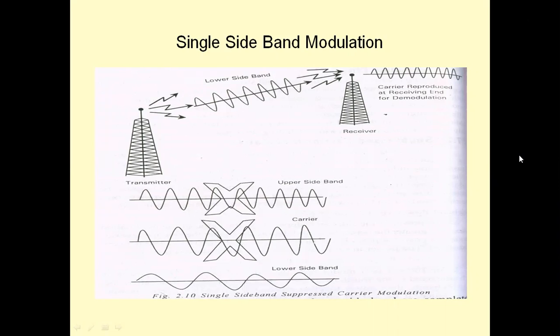There is no loss of information, no loss to the quality of the message signal, because one sideband is enough to transmit the message signal. One sideband contains the message signal, and hence it is easy for us to transmit only one sideband with lower transmission power and lower bandwidth.